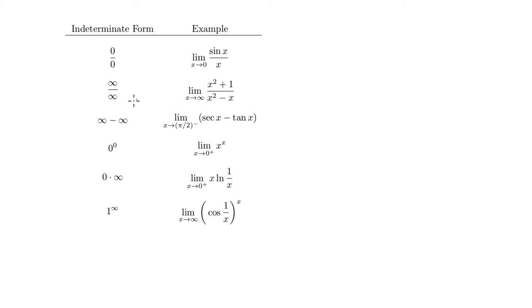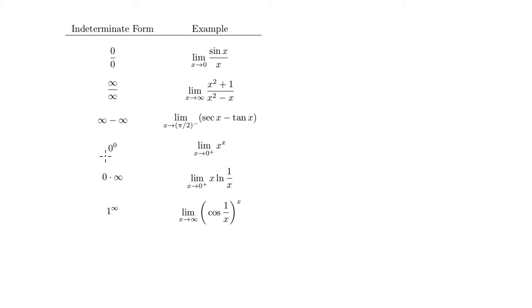We can't just assign this a value based on the fact that we're getting something that looks like infinity over infinity. Same thing here, infinity minus infinity. I don't know what that means. I can't just say it's 0 because sometimes it's not 0 in limits, and we've seen that. 0 raised to the 0, that's an interesting one. So what is 0 to the 0?